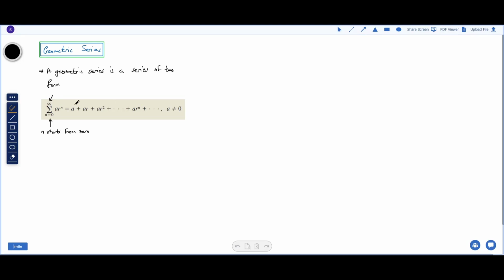So a is typically called your first term. Right, this is your first term. And then r to the power of n is the common ratio.